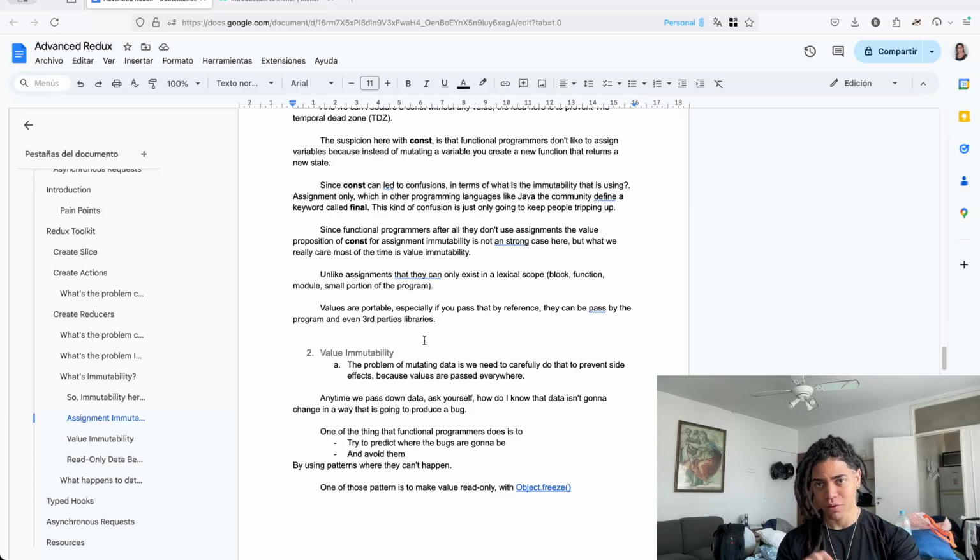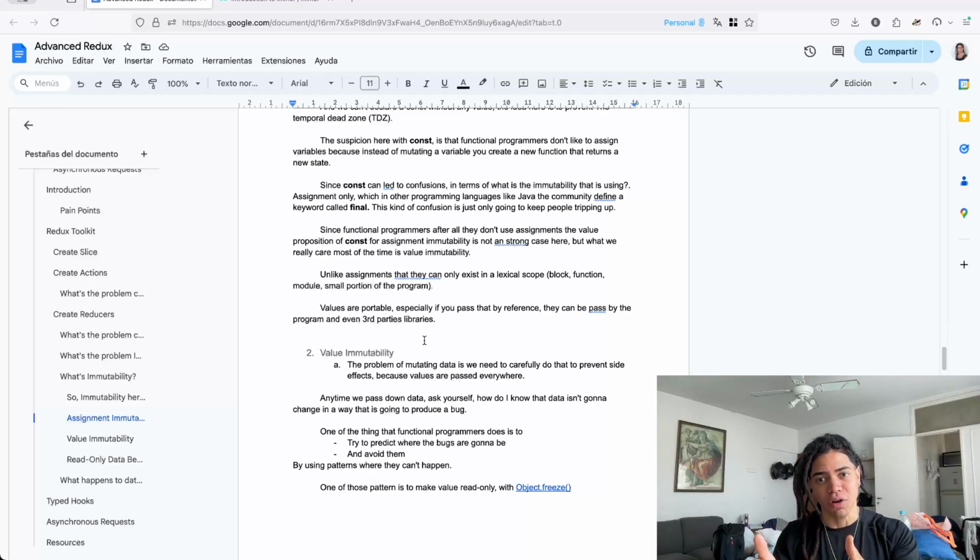Once you understand that, you say, oh, this is what happens with this mindset, this way of looking at your code: how do I know that when I pass down this data, usually to a function, it isn't going to produce a bug?